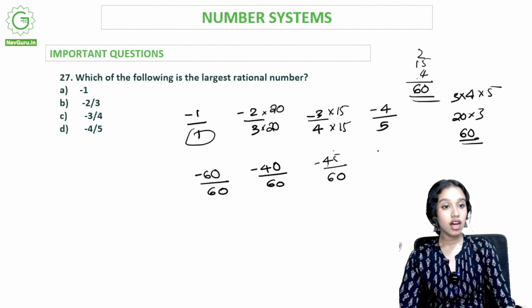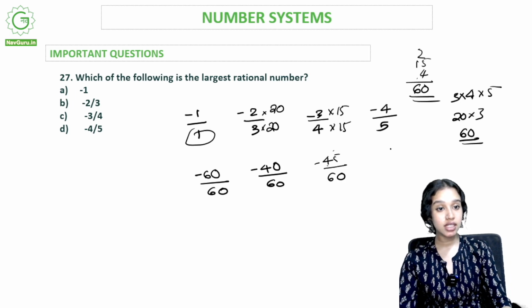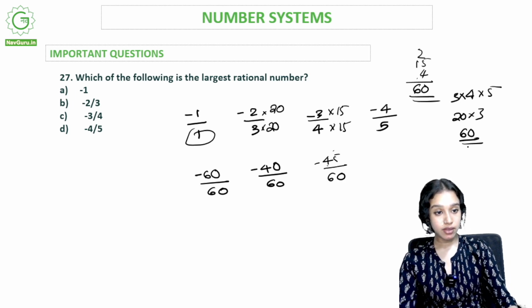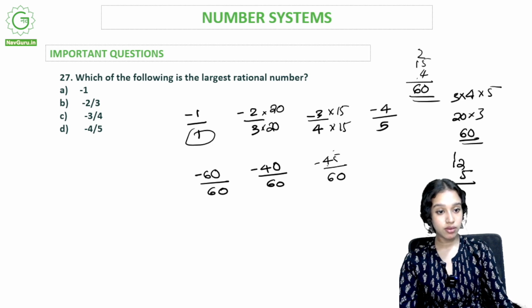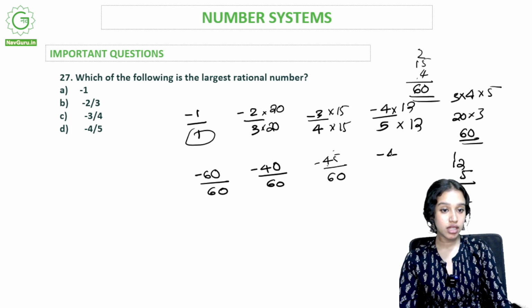And again, how many times 5 is 60? 12 times 5 is 60. 5 2s are 10, 5 1s are 5 and 6. So we could multiply this by 12 and 12. Minus 4 into 12 is minus 48 by 60.